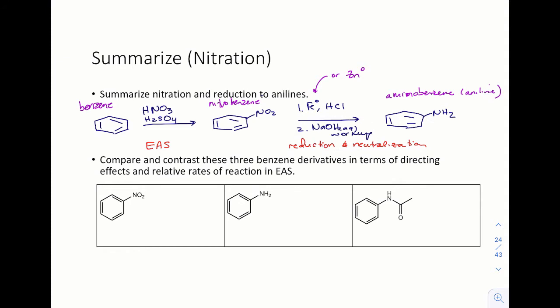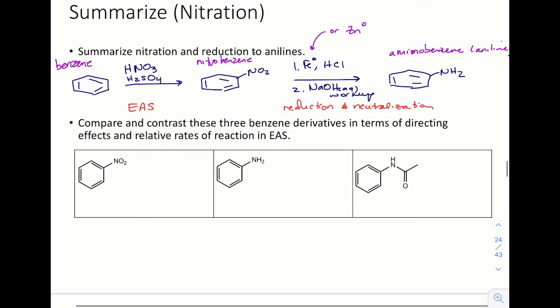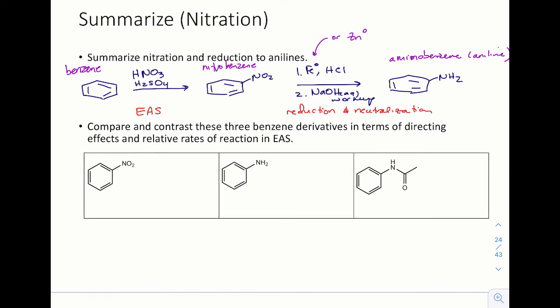We will now compare and contrast these three benzene derivatives in terms of directing effects and relative rates of reaction in electrophilic aromatic substitution. Nitro is a very strong electron withdrawing group. So nitrobenzene is not very electron rich.